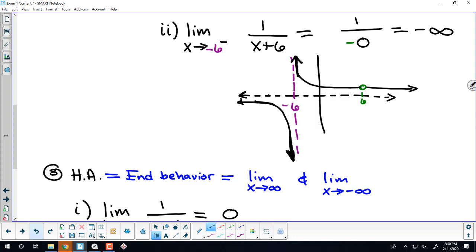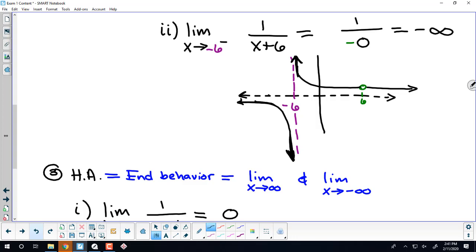Is there any other types of problems y'all want to look at? Can we do something from 2.7? Yeah, it's from 2.7.